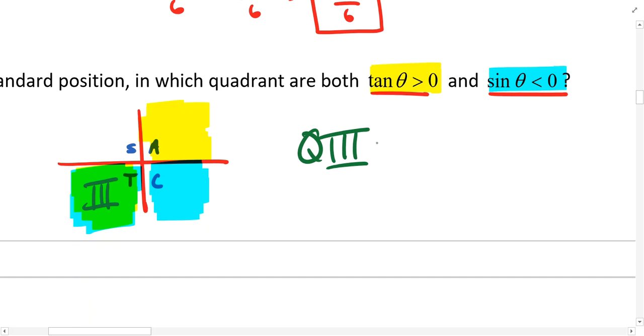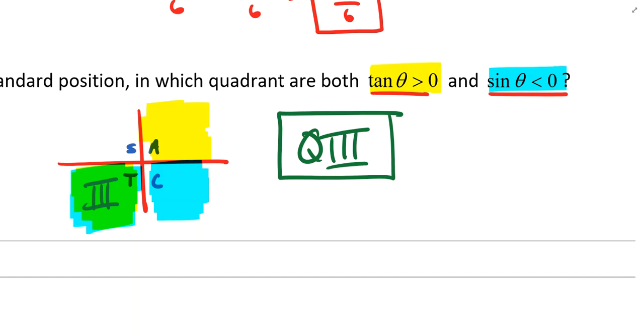So the only time that a trigonometric result will have a positive tangent value and a negative sine value is if the angle measure falls in quadrant 3. And again, we're talking about angles that are in standard position. We're talking about angles that begin here and end somewhere in this position, anywhere in quadrant 3.